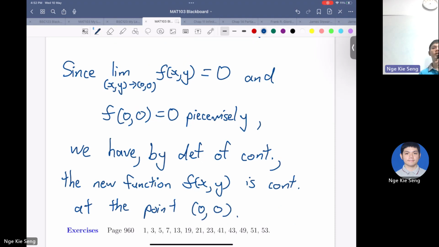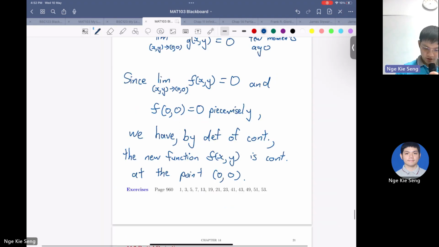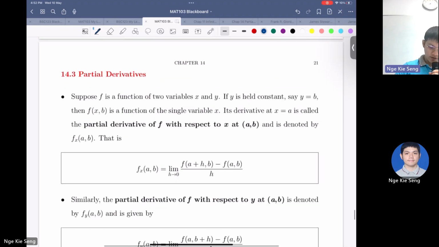So since the limit exists, we can just fill in the blank. It's not like the previous example we saw, where in the x direction you got 1, in the y direction you got -1, then you cannot fill. So before we stop, let's introduce one definition for you to ponder upon. Then next time we'll do examples.